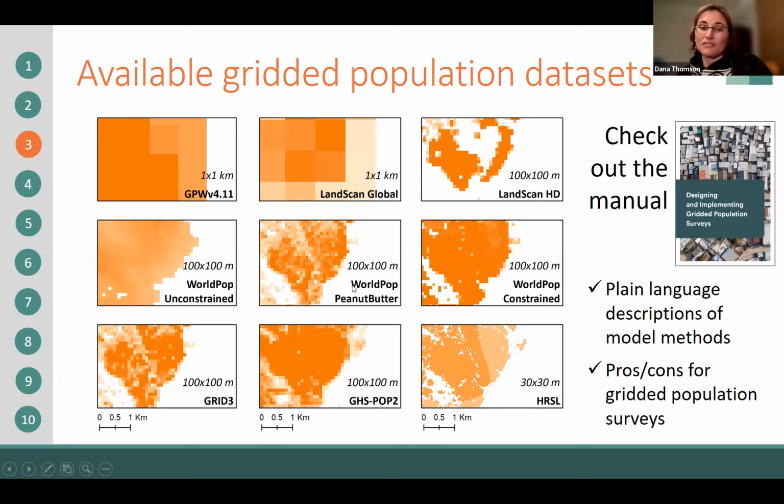This data set is actually just a building footprint model where you input the population counts. So they had a population count for whole settlements that came from UNHCR, I think, and then they used the building footprints to disaggregate that to little grid cells. And that combination worked really well in the Ugandan context. It does not work as well in, say, an urban setting where refugees live among the general population.